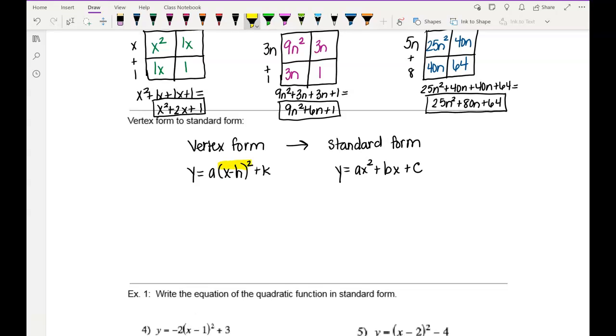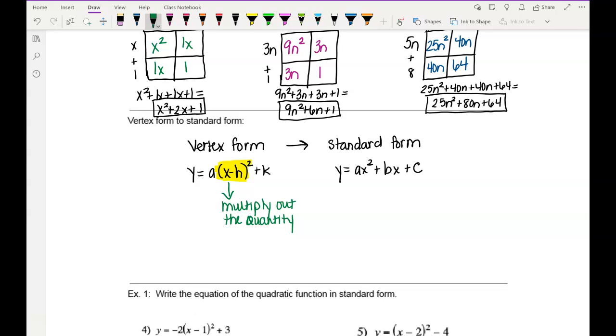So we're going to have to multiply out this quantity and then we're going to have to combine like terms.